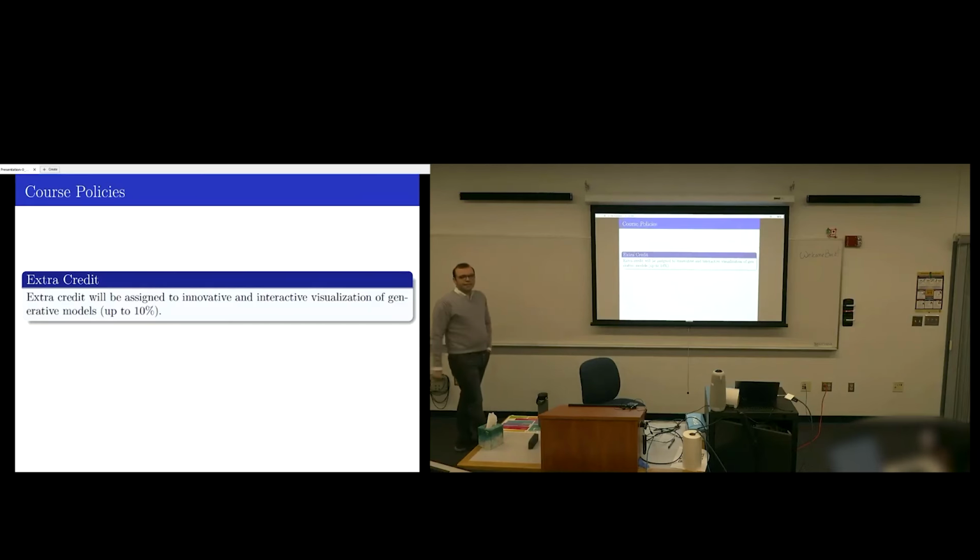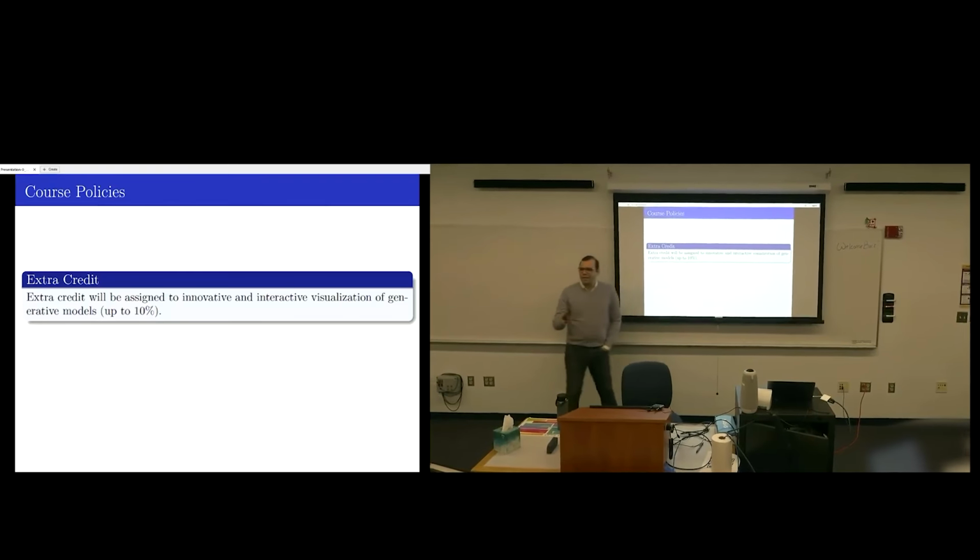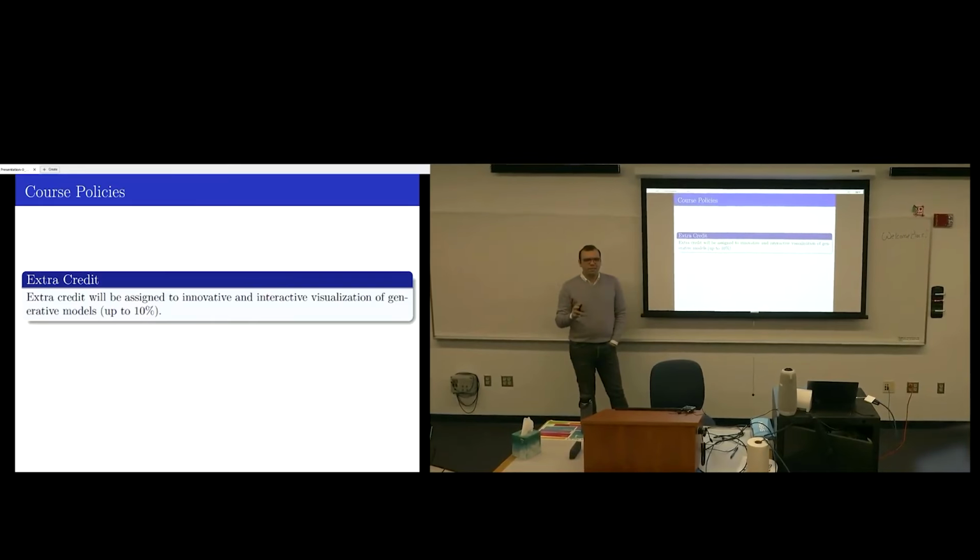And about the extra credits, different approaches we introduce in this course can be implemented on toy examples that visualize the method. You can find, for example, interesting visualizations of GANs on the internet. There are several examples for GANs especially.